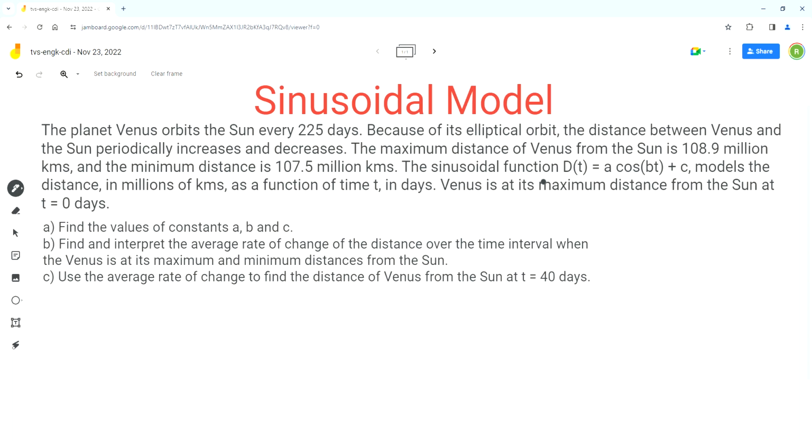The sinusoidal function d(t) = a cos(b(t + c)) models the distance in millions of kilometers as a function of time t in days. Venus is at its maximum distance from the Sun at t = 0 days.